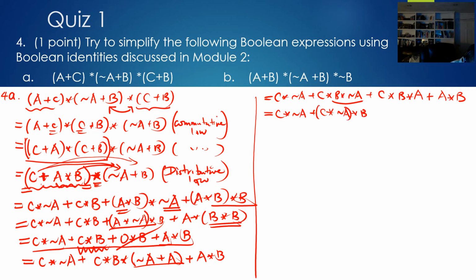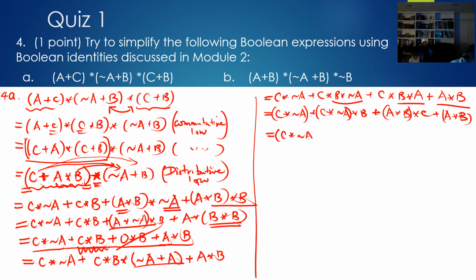Now I can put the parentheses here. For the second one, there's an A and a B, an A and a B. So I can put the A times B times C, use the commutative law, I can switch the order, and times A times B. I can put the parentheses here and then use the distributive law.